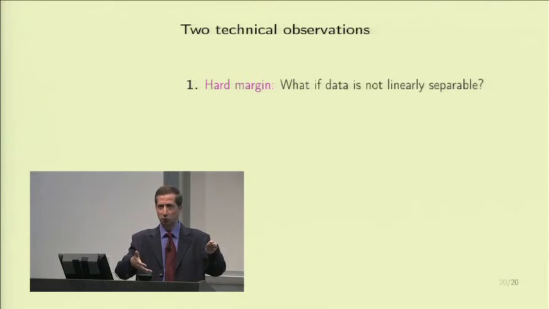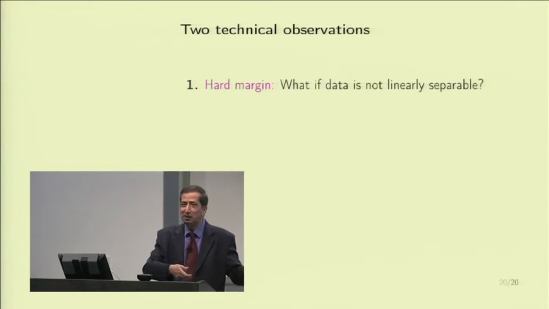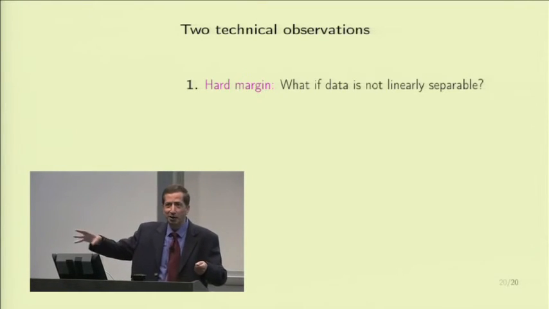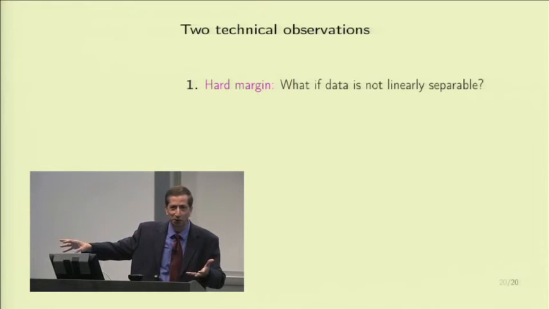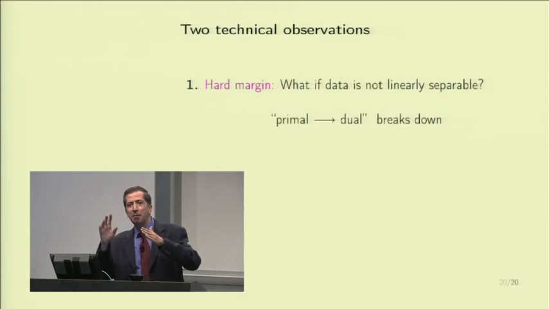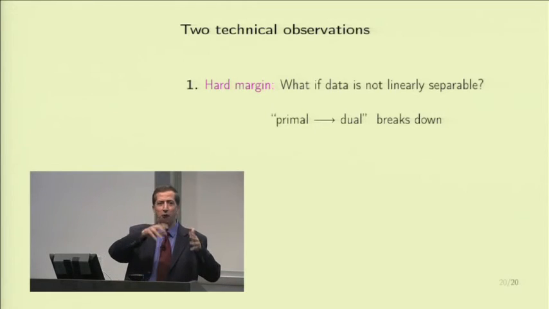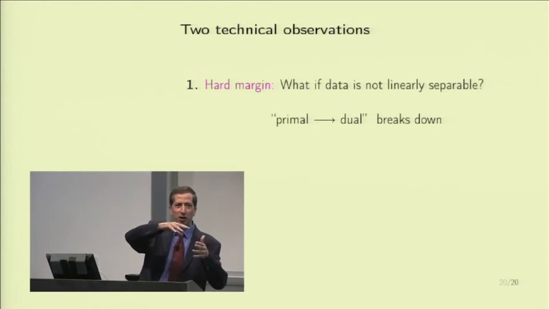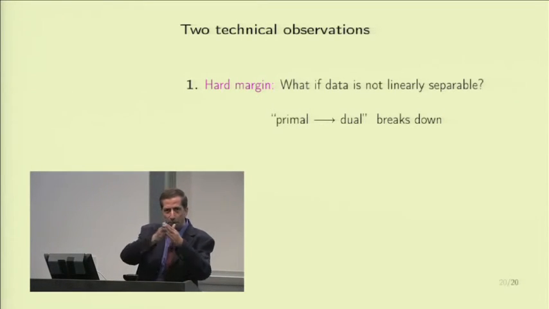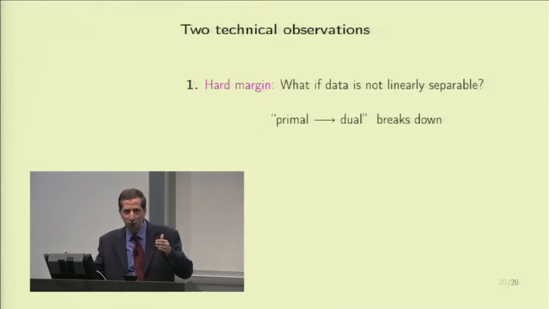There will be no feasible solution, okay? Nonetheless, this didn't prevent me from getting a dual and passing it to quadratic programming. And maybe quadratic programming will give me back a solution. So now I'm in a strange world. The key thing to realize is that the translation from the primal form, minimizing W transpose W, to the dual form, maximizing with respect to alpha the Lagrangian, is mathematically valid only if there is a feasible solution.